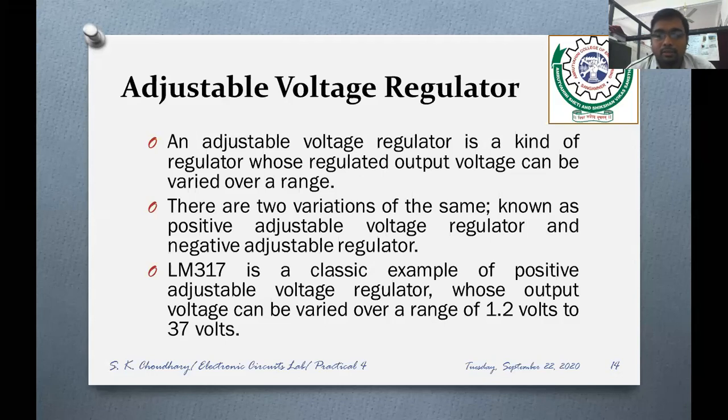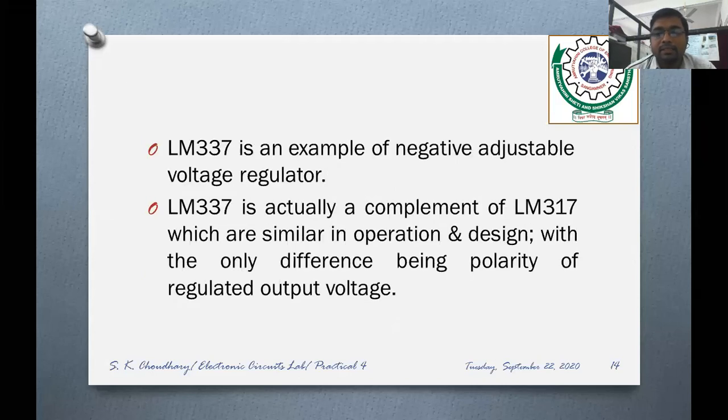Similar to LM317, there is a counterpart, the LM337, that is the negative adjustable voltage regulator. So LM337 is actually a complement of LM317, which is similar in operation and design. Only the polarity is different.